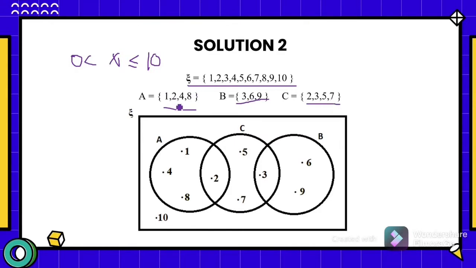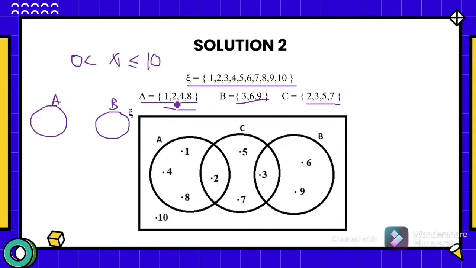So in order to draw the Venn diagram, we observe the elements that overlap with each other. Does A overlap with B? There are no elements in A that overlap with B. So A and B are separate.